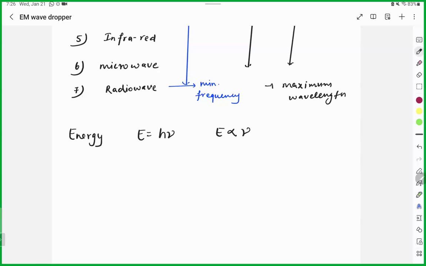If frequency is decreasing down the group, automatically your energy will decrease. If frequency decreases, energy decreases. Any doubt? No, sir. And for wavelength, you know E is hc by lambda, so energy is inversely proportional to lambda.